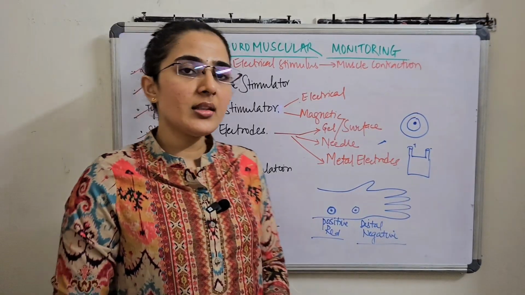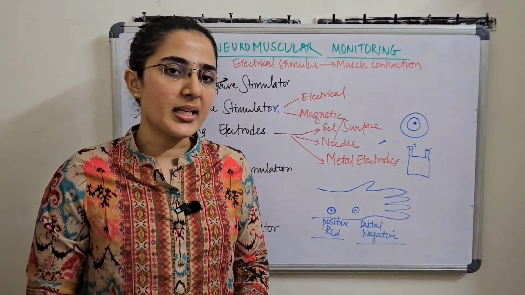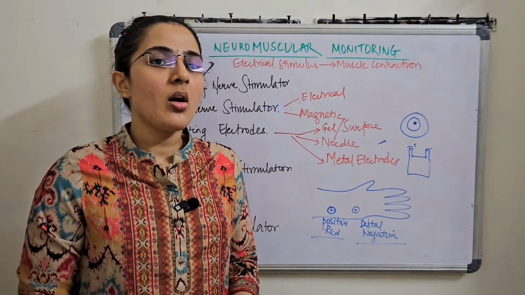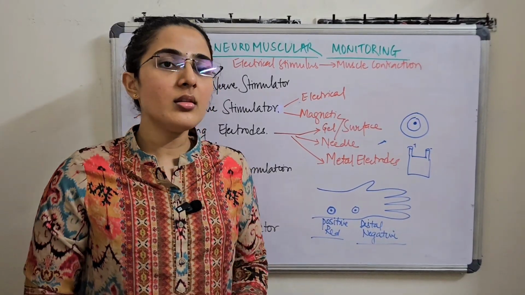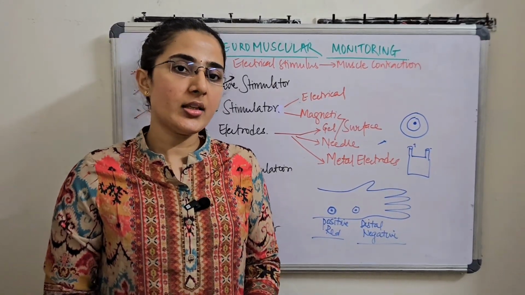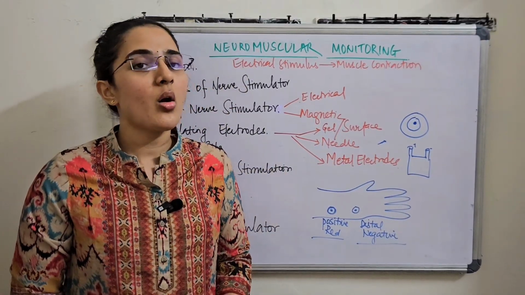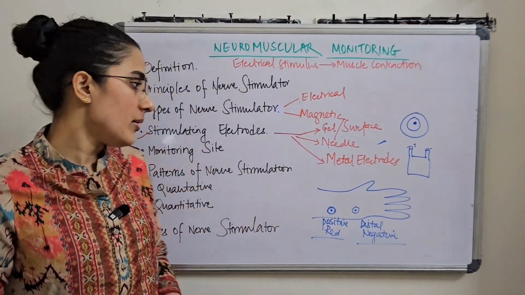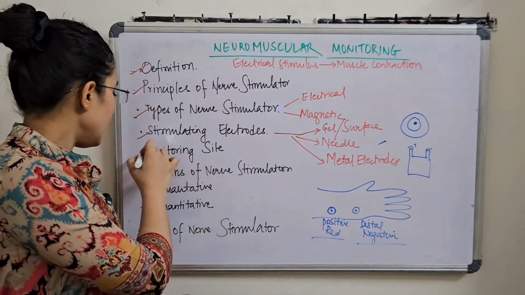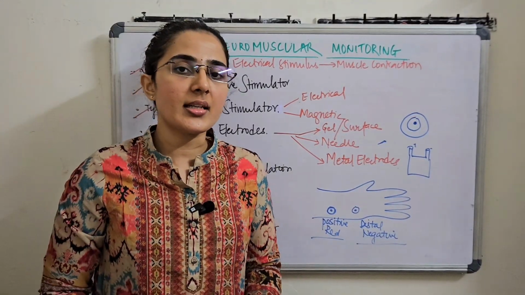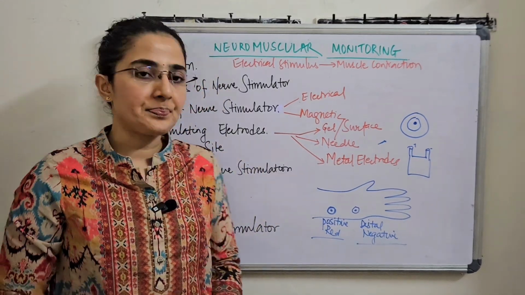Other nerves that can also be used are the median nerve, the common peroneal nerve, or the facial nerve. For the facial nerve, the response is seen in the corrugator supercilii or orbicularis oculi muscle. So these are the various monitoring sites used in the case of a nerve stimulator.